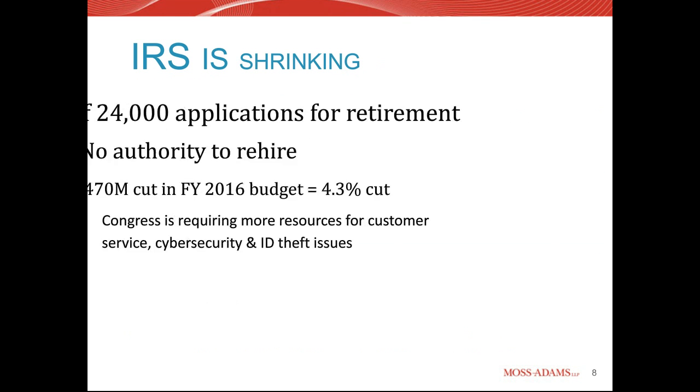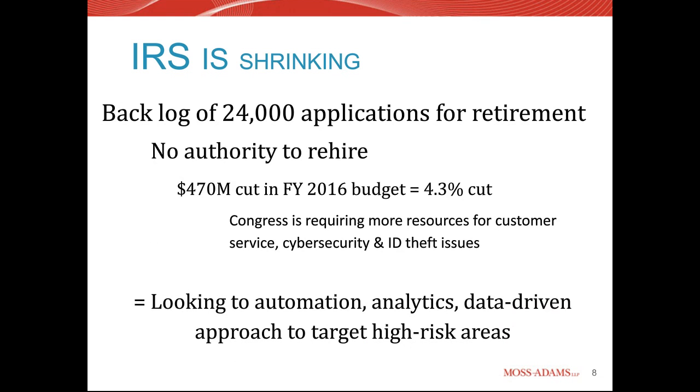Okay, so the IRS in itself is shrinking quite a bit. You may have heard this already. Well, they've got 24,000 applicants that are trying to retire, and they're on backlog. And the IRS does not have authority to rehire. So some of the scary parts of the IRS losing such a big part of its workforce, people retiring, is they're losing knowledge.